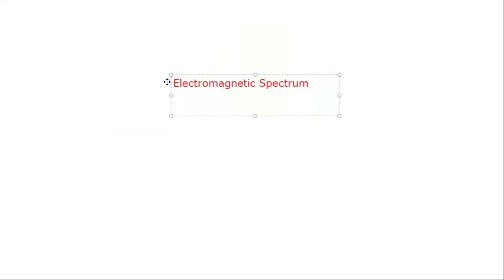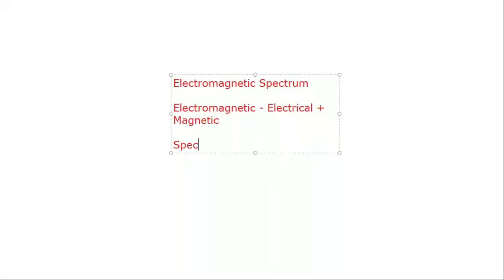If you divide the words, electromagnetic means any wave or radiation having electrical plus magnetic properties, and spectrum itself says that it is an umbrella.